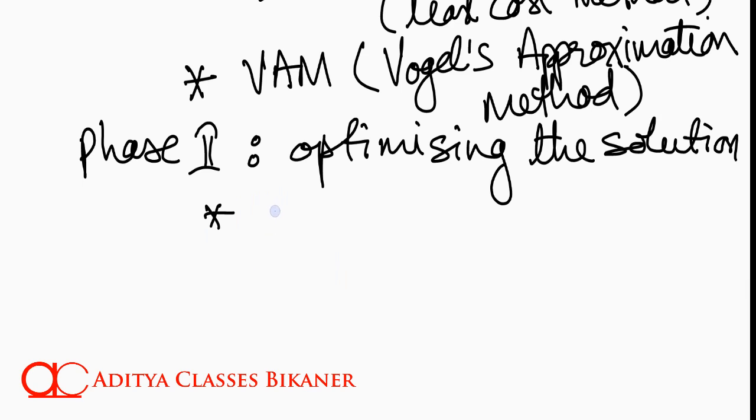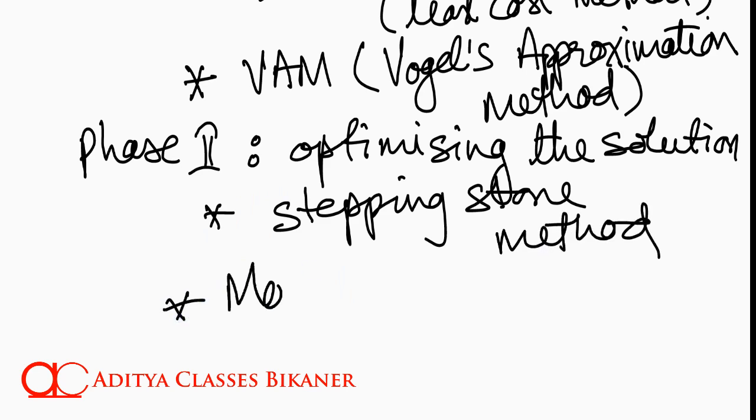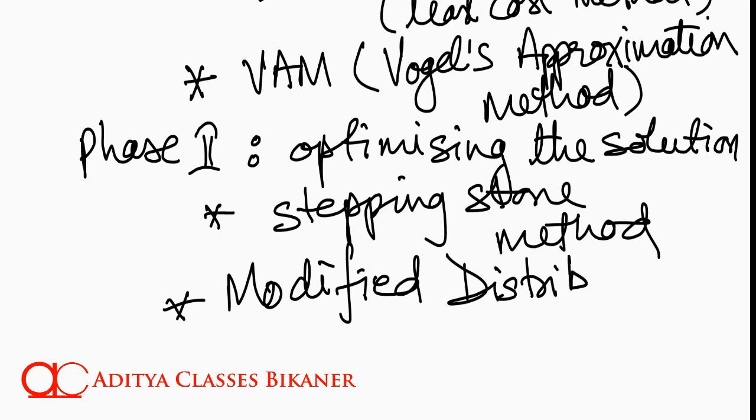First one would be a stepping stone method. And then we'll learn another method which is called modified distribution. These are the two methods that we'll use for optimizing our solution.